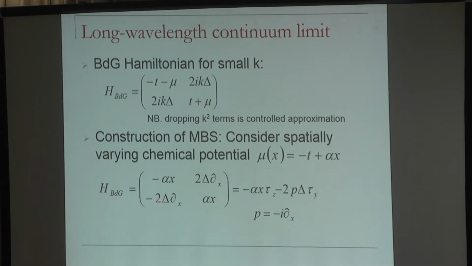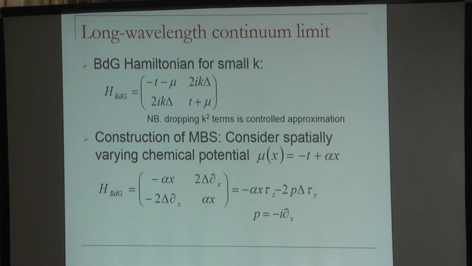And these two really come from the tau y Pauli matrix, with p the momentum operator and a prefactor 2 delta. Okay? So now let's square this beast. Tau z squared is just 1, tau y squared is 1, and they both anti-commute. So you might first think the cross product will just cancel out because they anti-commute, but of course you have x·p and p·x.